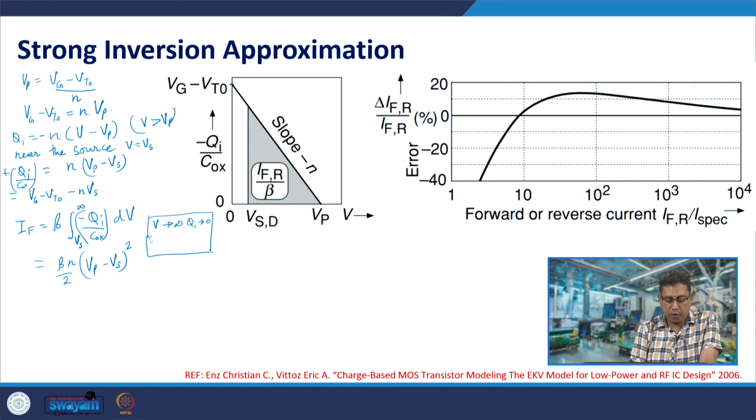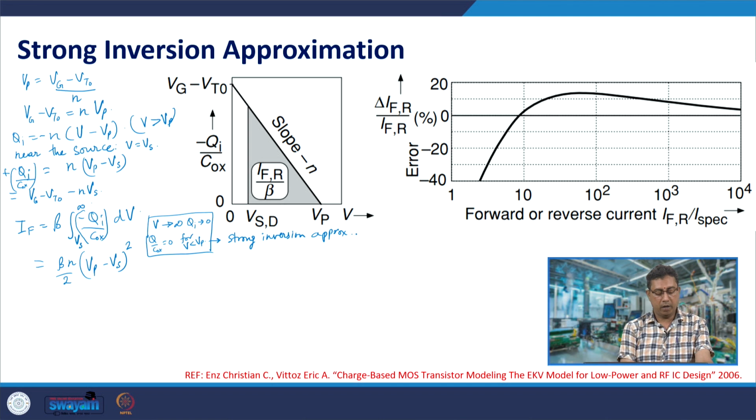So, Qi by Cox is equal to 0 for V larger than Vp. That is the strong inversion approximation. Therefore, you neglect the value of Vp minus V square when local channel potential V is infinity. So, you write it only for this value.